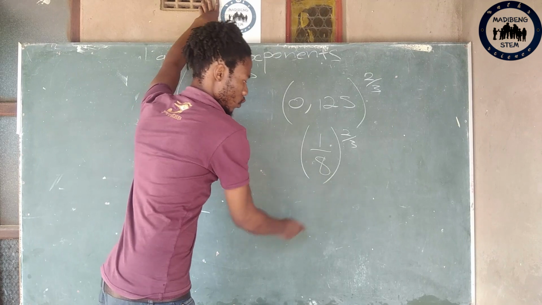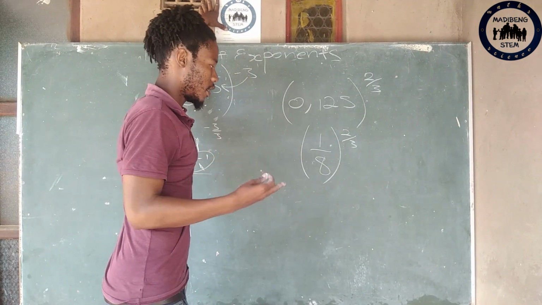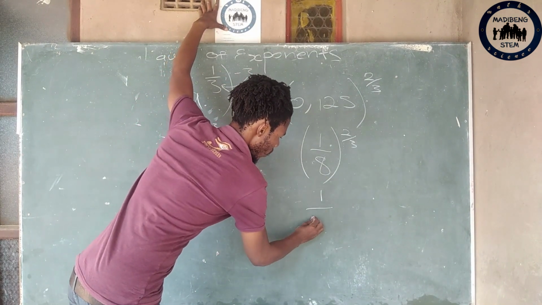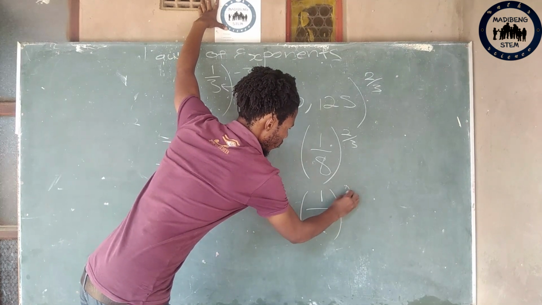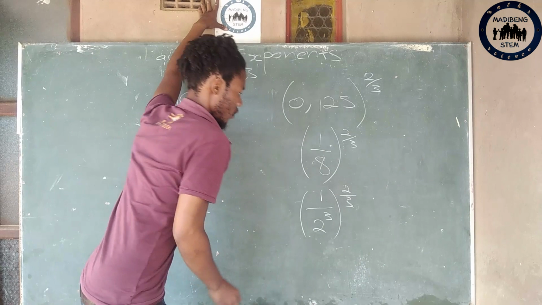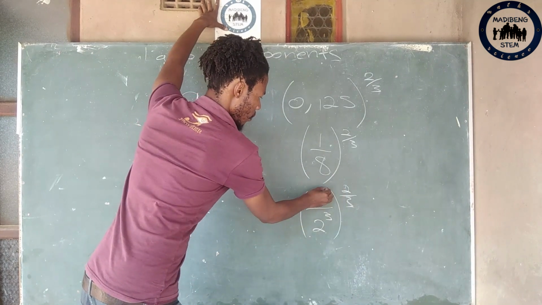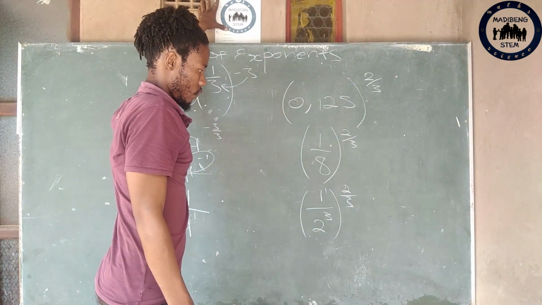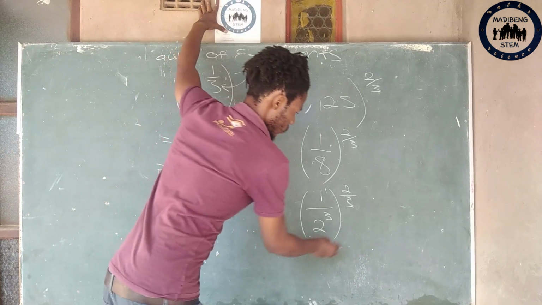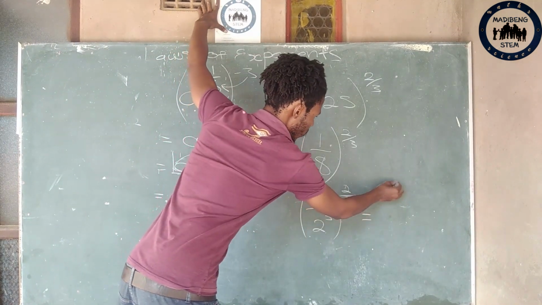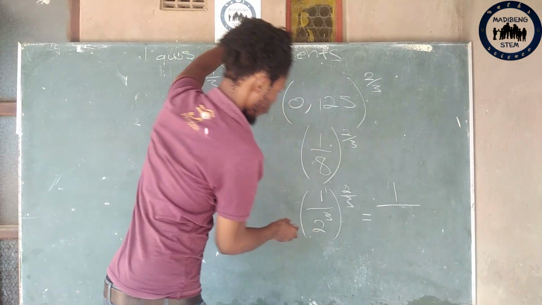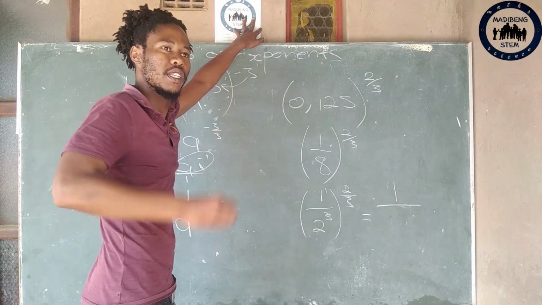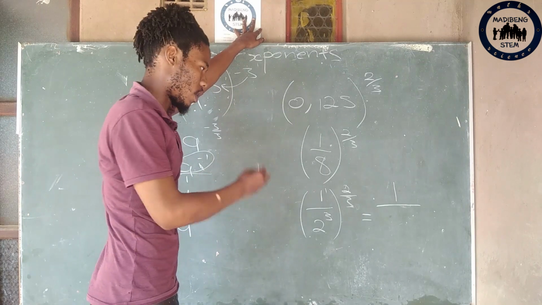You will change this to exponential form. So it's 1 over 2 to the exponent 3, all to the power 2 over 3. So this multiplied by this is 1. One to the exponent of any number is 1.